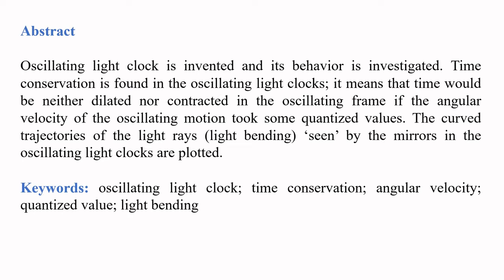Here is the abstract. The oscillating light clock is invented and its behavior is investigated. Time conservation is found in the oscillating light clocks. This means that time would be neither dilated nor contracted in the oscillating frame if the angular velocity of the oscillating motion took some quantized values.